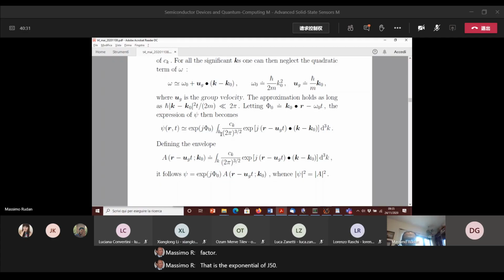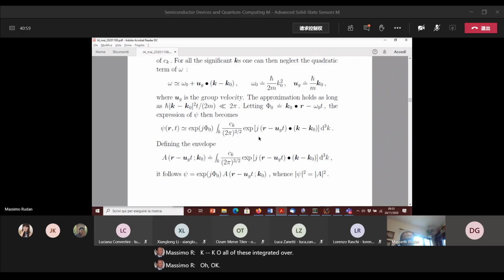And what is left inside the integral is a simplified form in which we have c of k divided by 2 pi to the 3/2, the exponential of j, and then a parenthesis r minus ug t, dot k minus k0, all of this integrated over k.